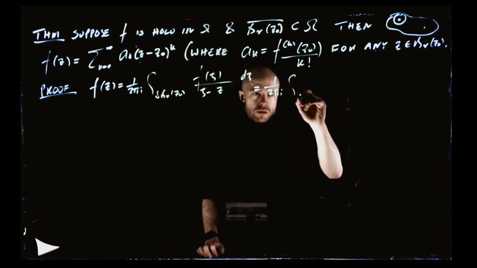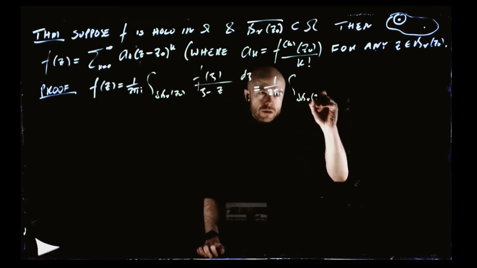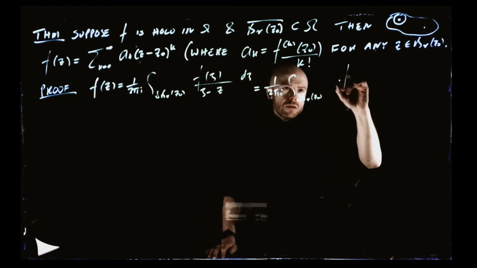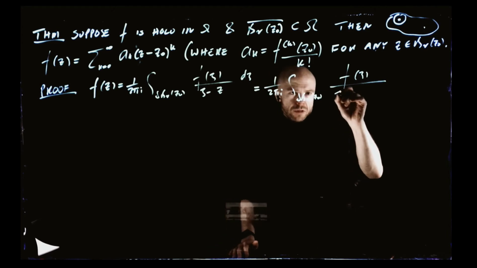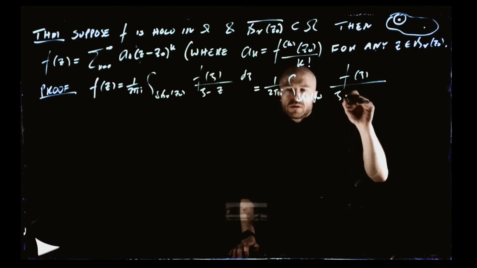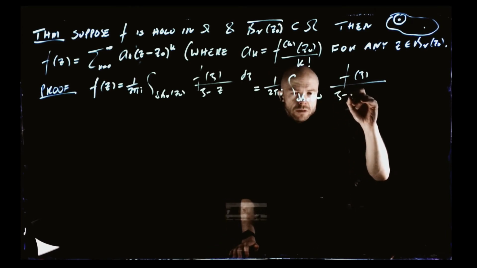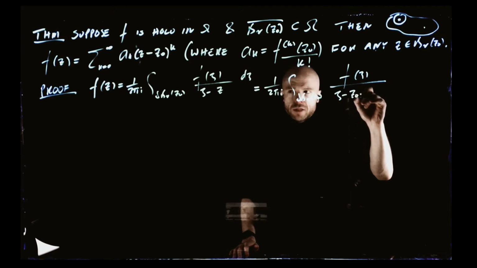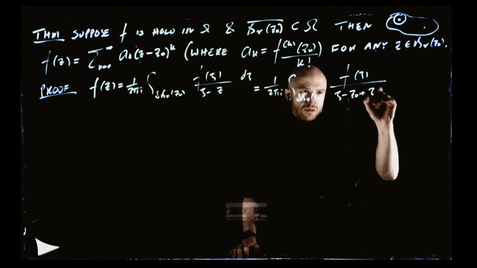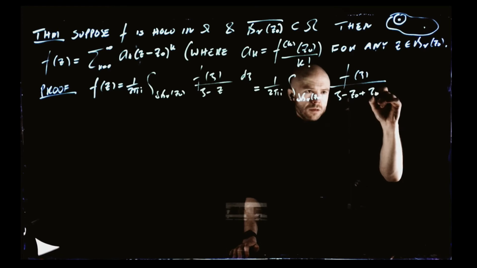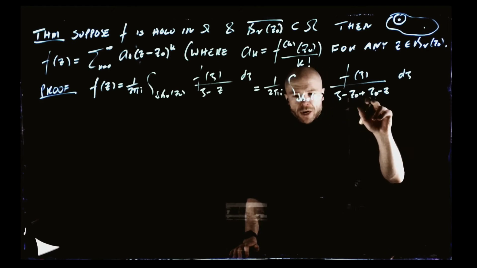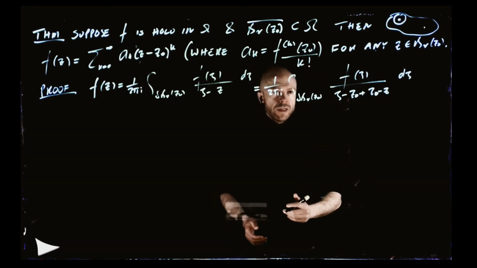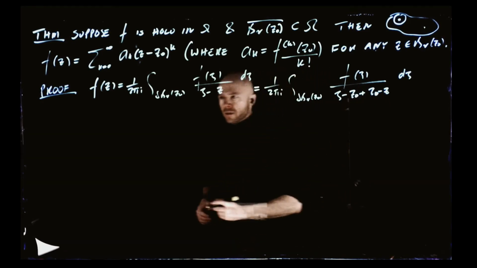And we're going to have zeta minus z0, z0 minus z, d zeta, like this. So we're just adding and subtracting z0 at the bottom.